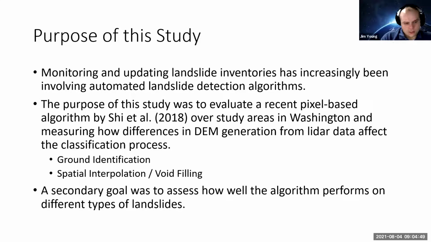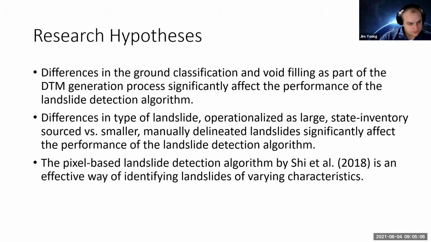A secondary goal was to assess how well the algorithm performs on different types of landslides. And this study is important because monitoring and updating landslide inventories has increasingly been involving automated landslide detection algorithms.